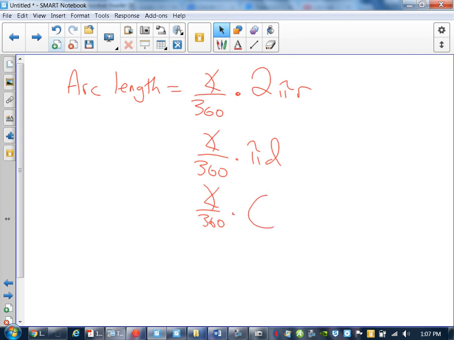All three of those were legitimate ways to write out the formula for arc length. Any one of them would have worked. You would choose between one of them depending upon what information they were giving you.